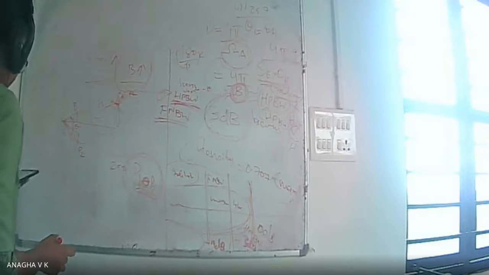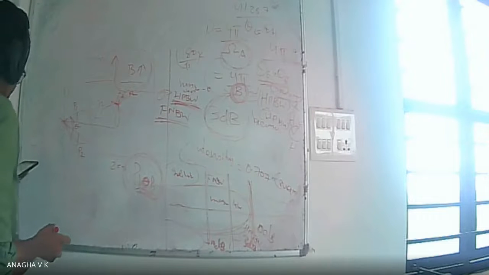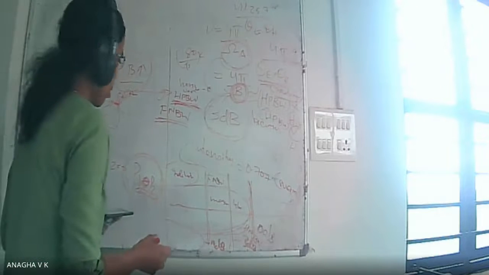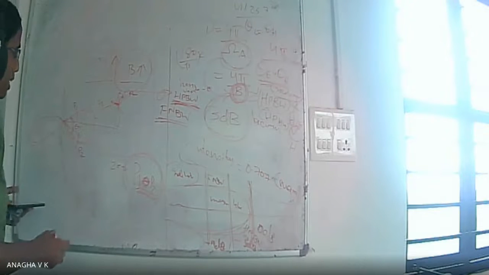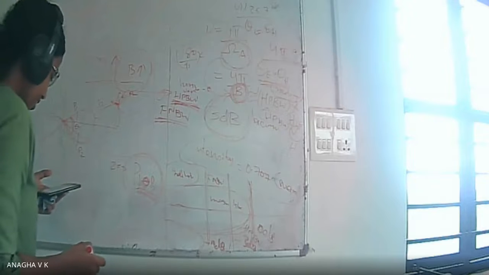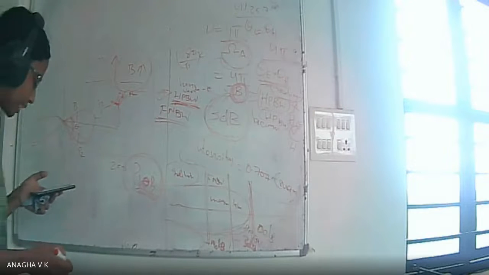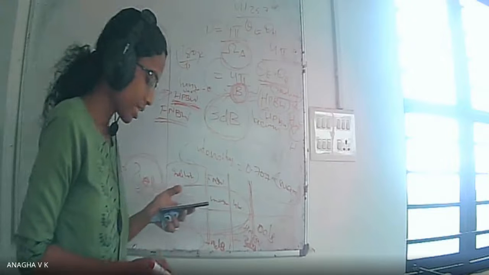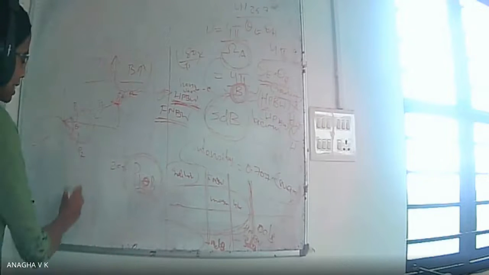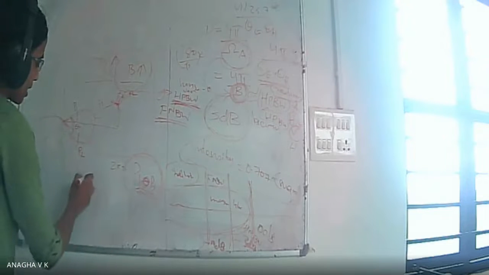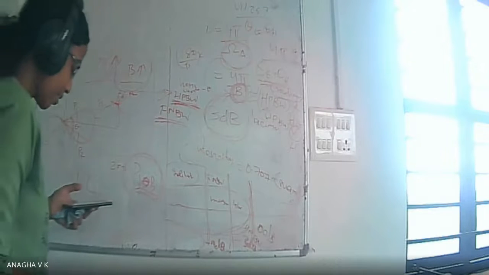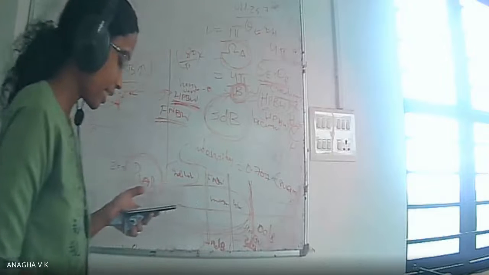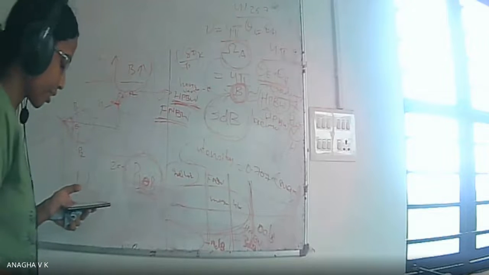The shape of the radiation pattern. Next one is the wavelength of the signal transmitted. And the next one is antenna dimensions. So these are the factors affecting the beam width of an antenna.